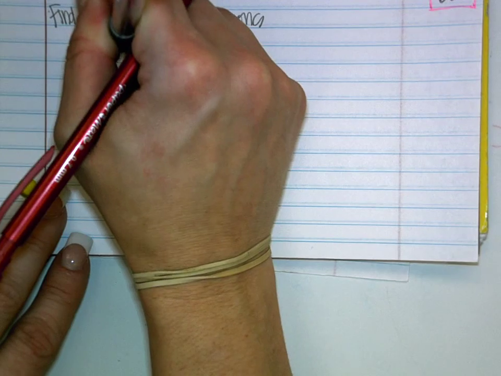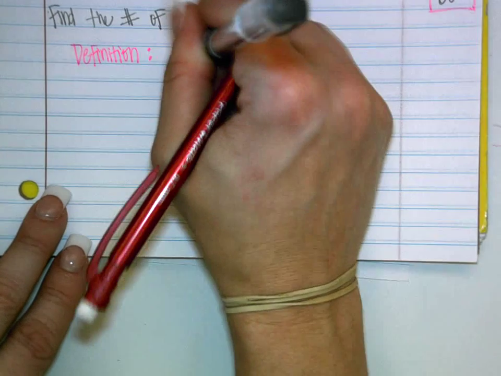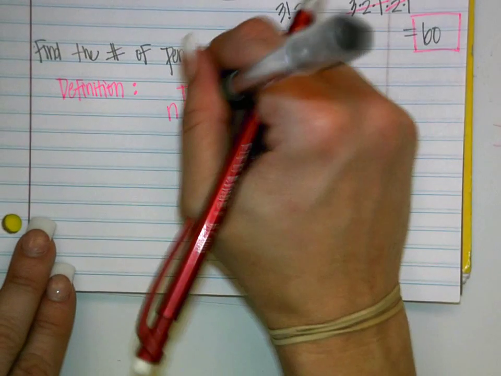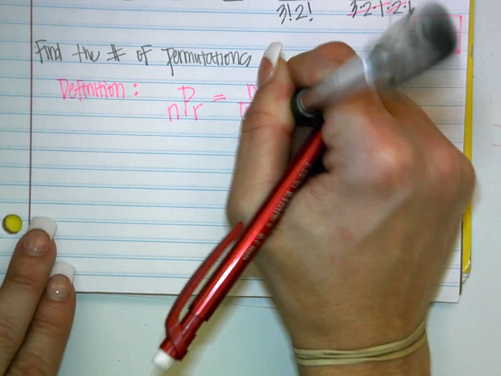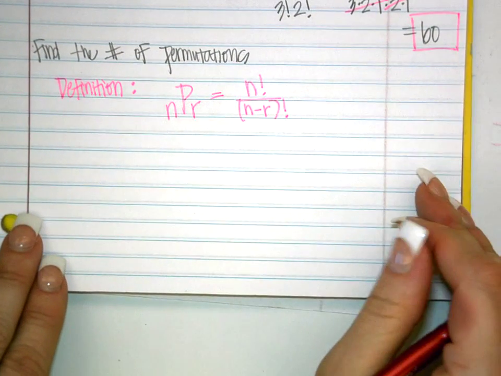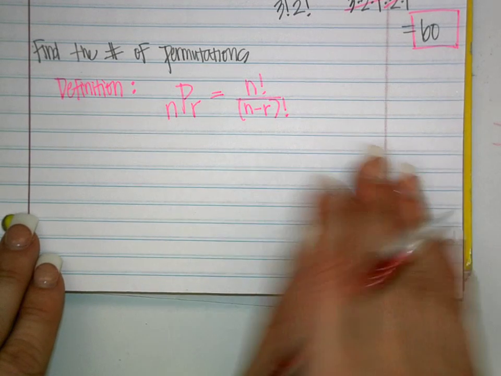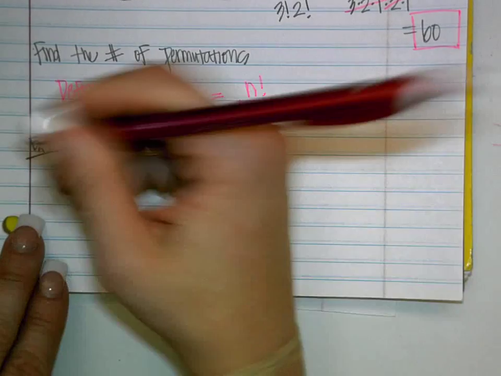By definition, permutations are nPr, and nPr is equal to n factorial divided by the difference, n minus r factorial. We are not necessarily using this formula today, but we will be. So for number 13, and this is the last one, I ask you to find 7P5.